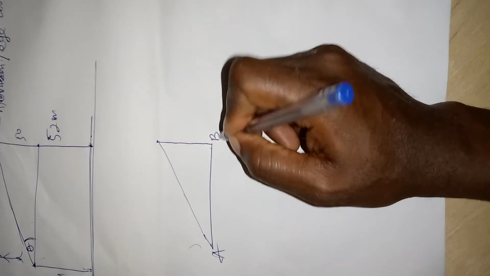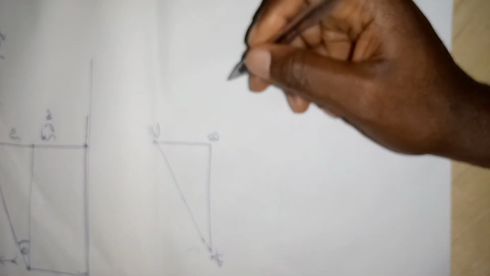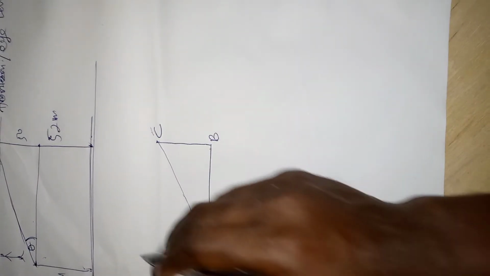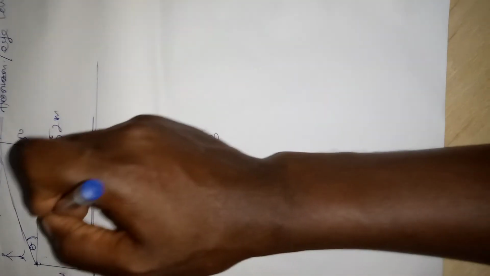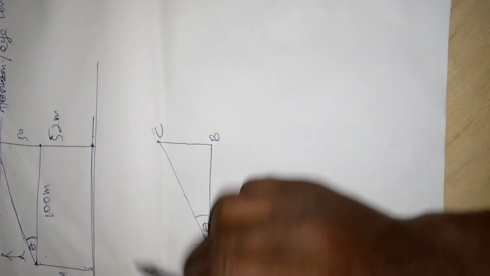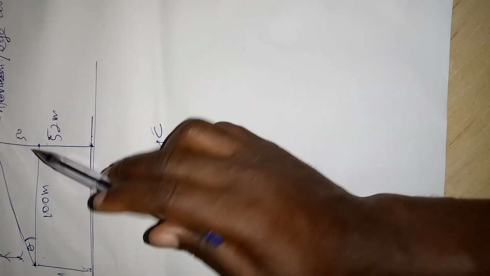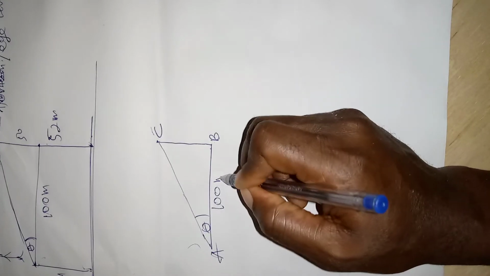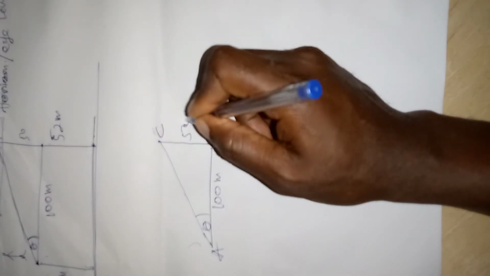Let's label it A, B, and C, theta. Now the distance from the man to the building is 100 meters and the height is 50 meters.